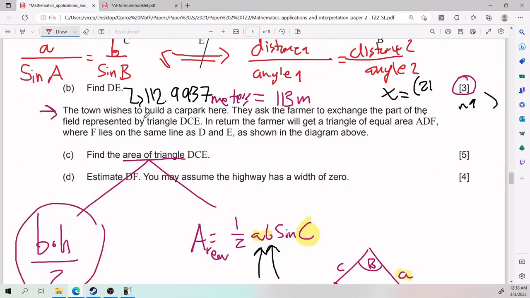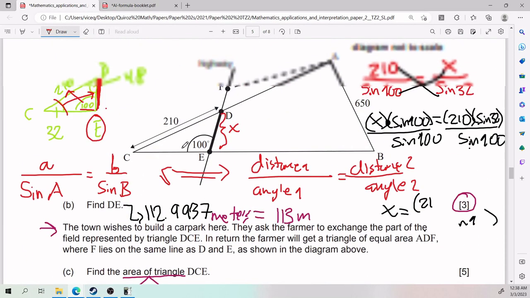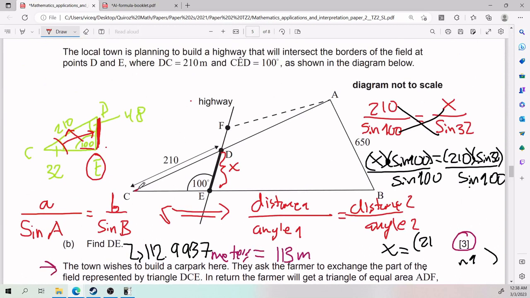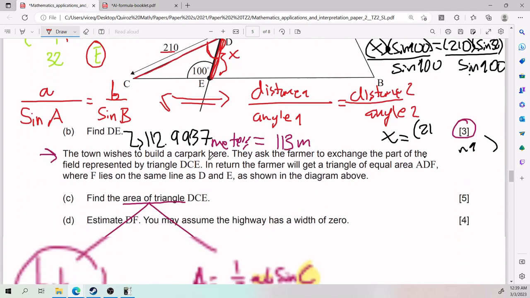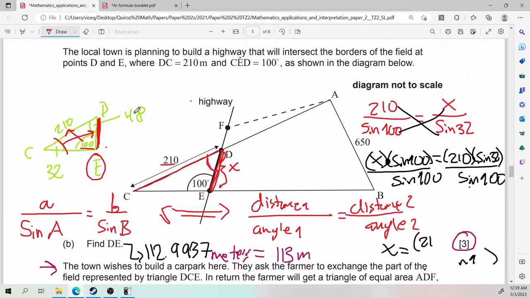Again, part C needs something from part B, which needs something from part A, etc. In this case, I have this side here, 210. I have this side here from part B, and I have this angle here, which I got by doing the 180 minus blah blah from earlier. See, this 48 right there. So I'm just going to use that. My little a is going to be 210.